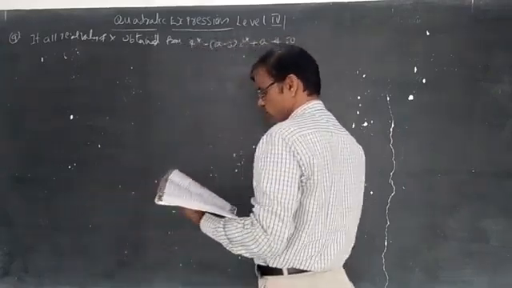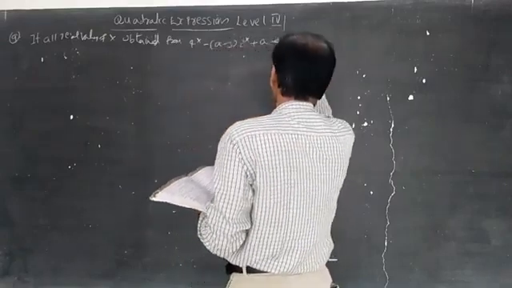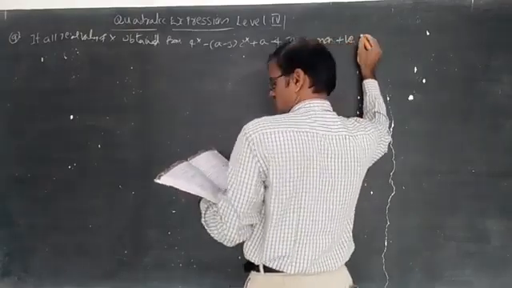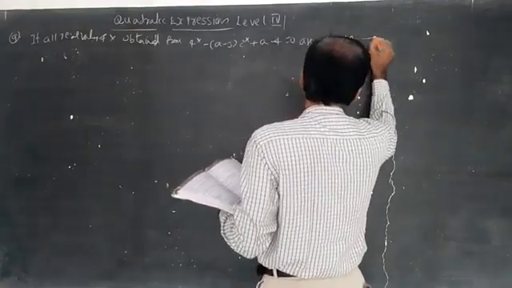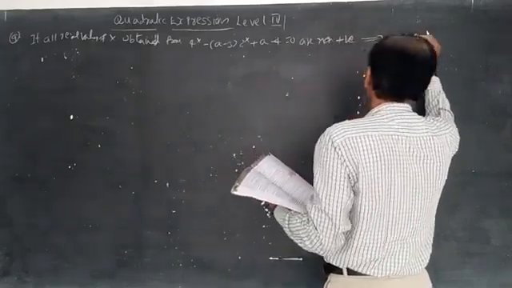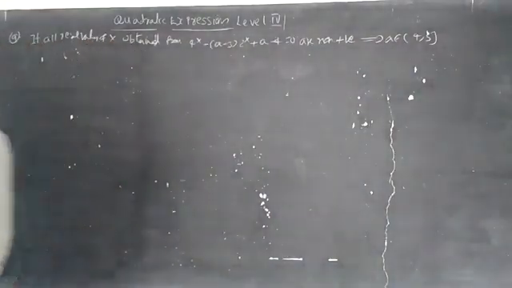For a minus 4 equal to 0, that implies a belongs to open 4, closed 5.